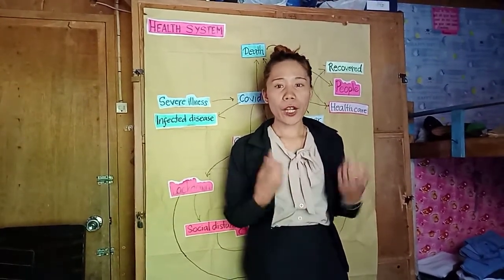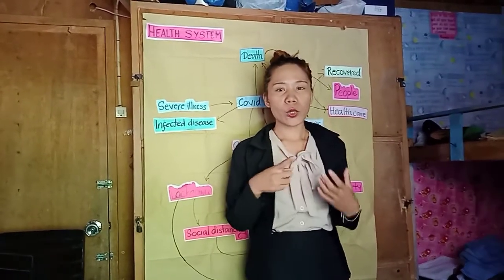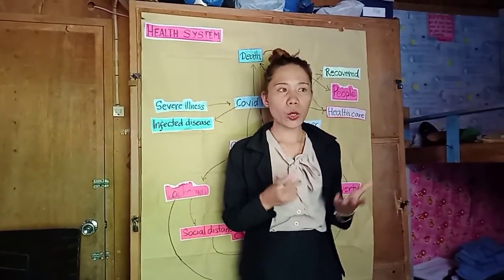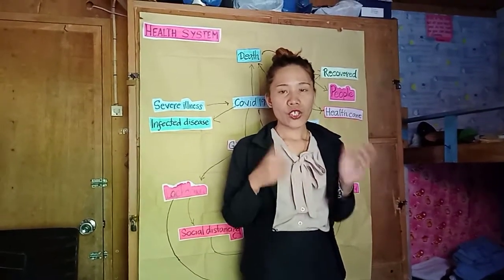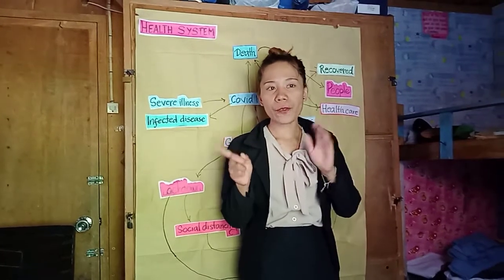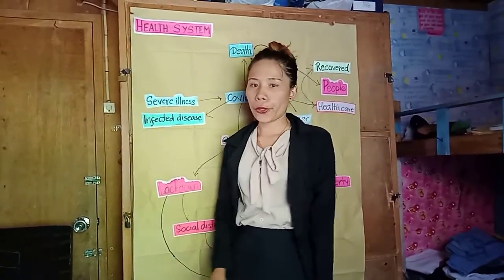Before I start, I will introduce what a causal loop is first. A causal loop is a diagram which shows how the variables are interconnected to each other.